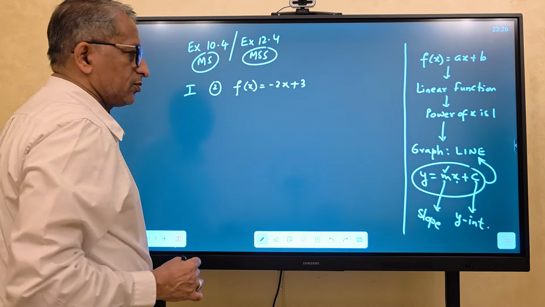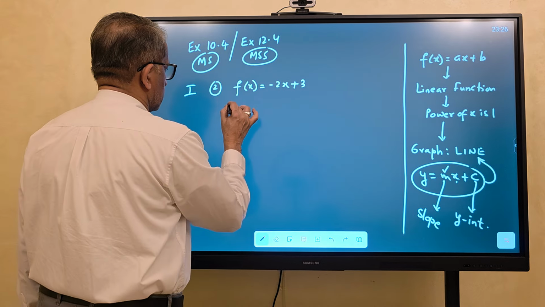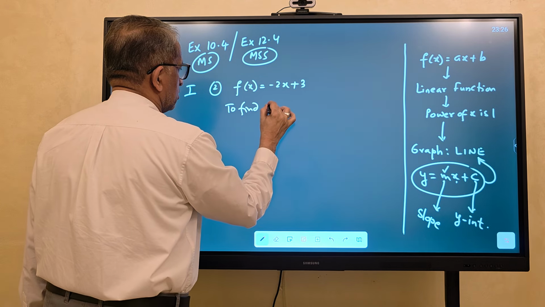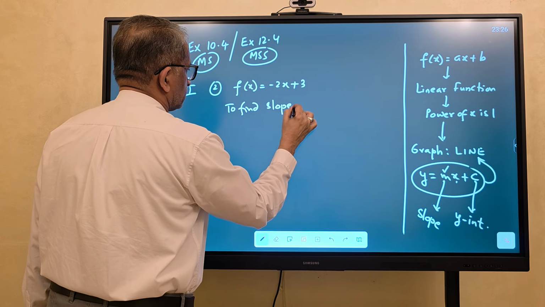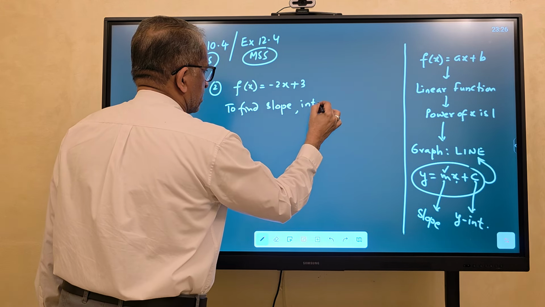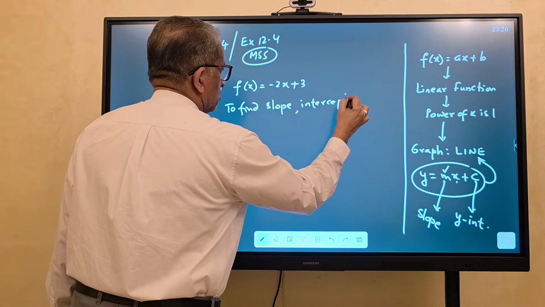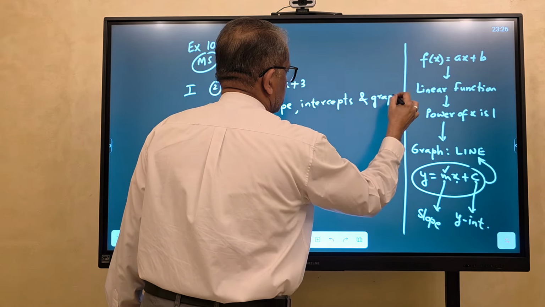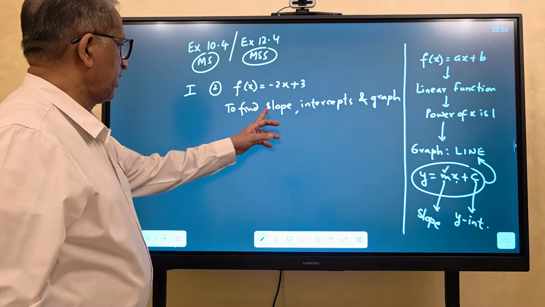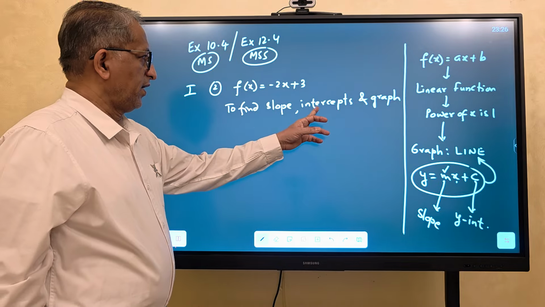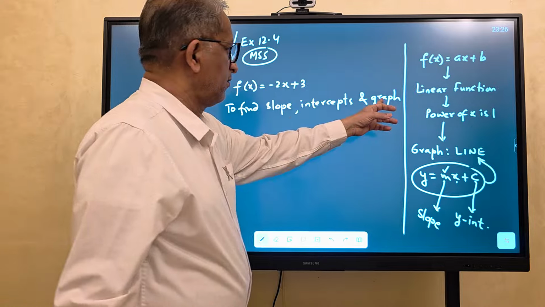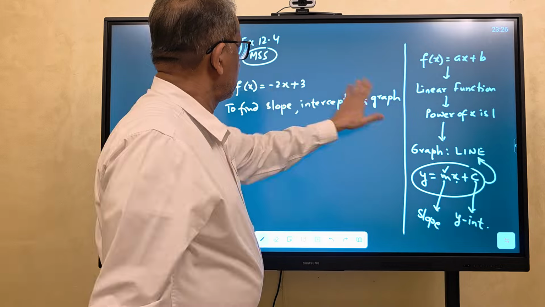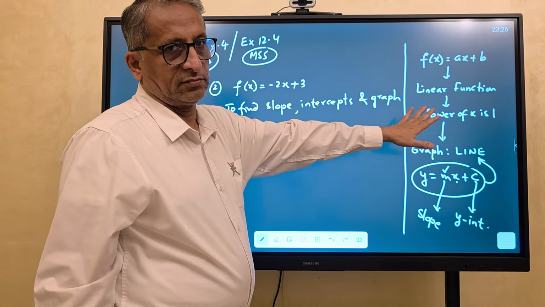Now coming back to this equation, what is your question here? You are asked to find the slope, the intercepts, and the graph. Three questions are there. Find the slope, find the intercepts, and finally draw the graph, which is definitely a line.